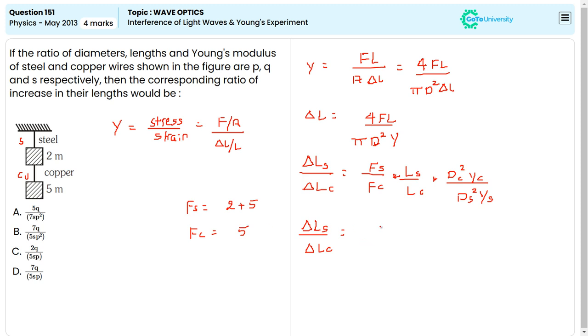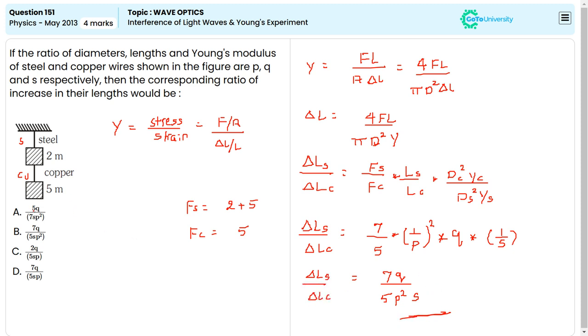Then I can write this as 7 upon 5 into the diameter in terms of P, that is 1 by P whole square, into length in terms of Q, that is Q, into Young's modulus, that is 1 by S. Then if I simplify, we get the value 7 times Q divided by 5 times P square into S. This is the ratio of delta LS divided by delta LC.